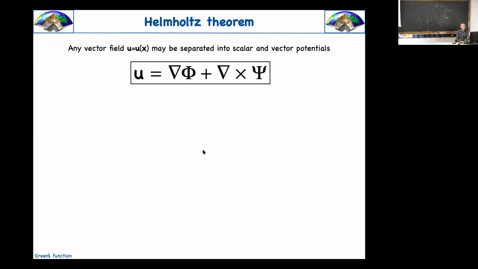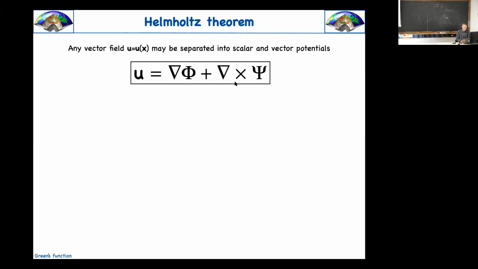Because the P wave field that is connected physically with longitudinal waves that are compressions and rarefactions in a solid is related to this part. While shear waves, S waves, that are related to transverse waves that are shearing the medium are related to this term.